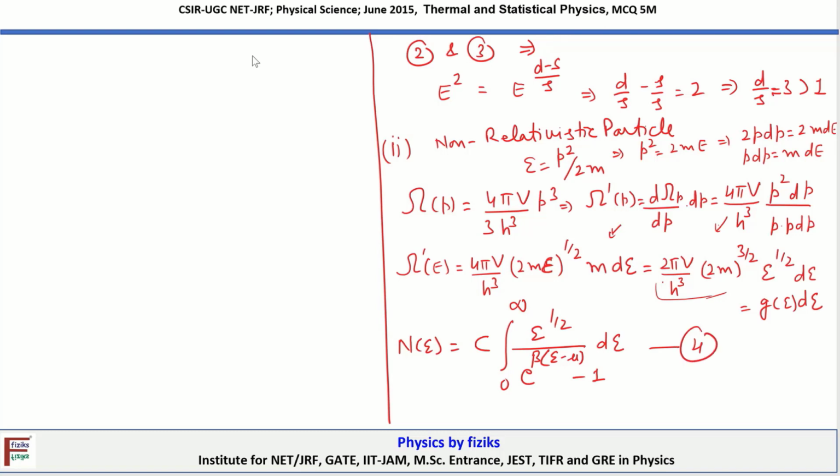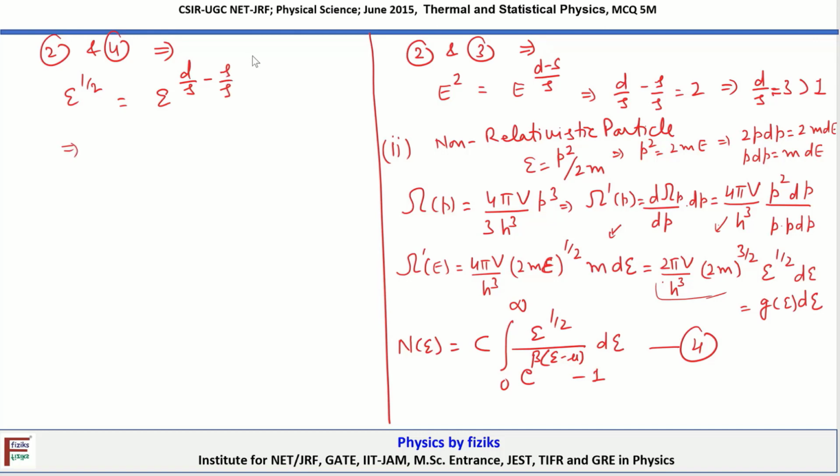Now make a comparison between 2 and 4. 2 and 4 implies that E power 1 by 2 is equal to E power d_s minus s by s.